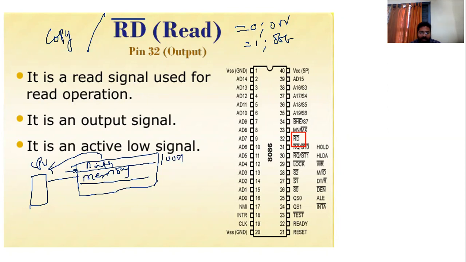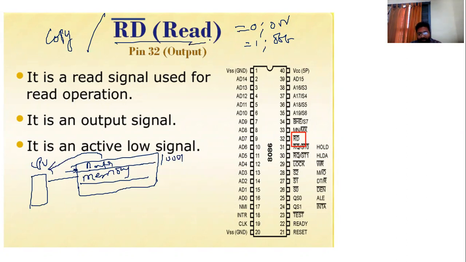Then how does this data come back from the memory to the CPU? How is this possible? At that time, the microprocessor generates some signal called the read signal. Read. You can read the data, nothing but copy that. Whenever you want to study some textbook, what is the meaning of that?